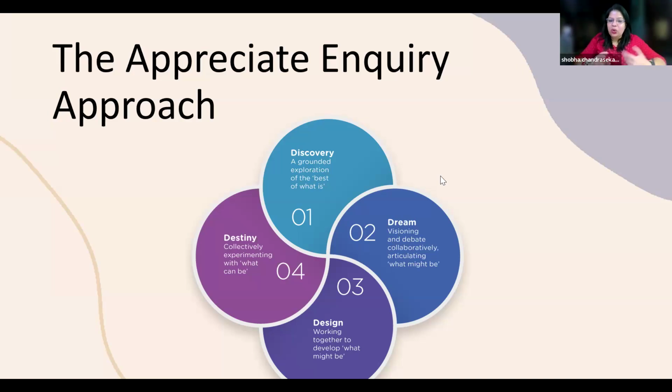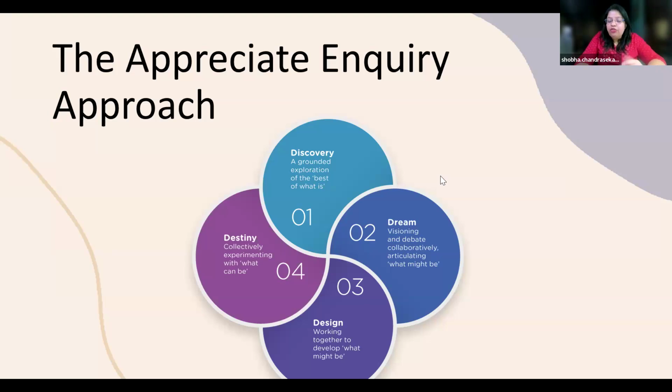In this, you only talk about strengths, successes, and the peak experiences. So employees and stakeholders are asked to share stories of examples when the organization was at its best, or what was the best thing that they experienced in any of the training programs. So that's the discovery phase.